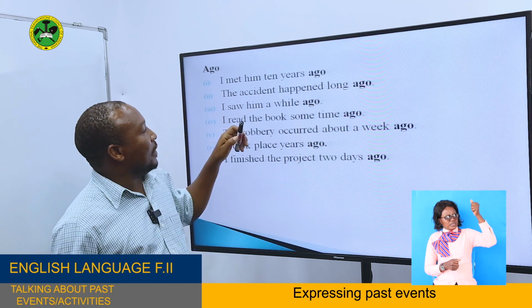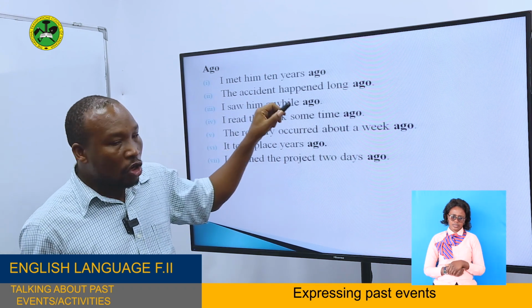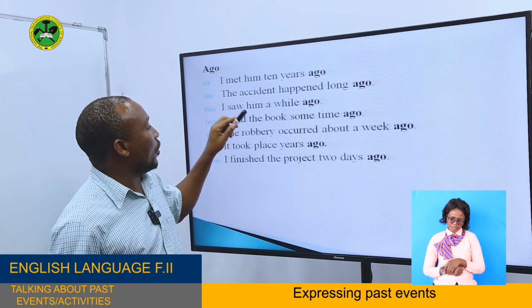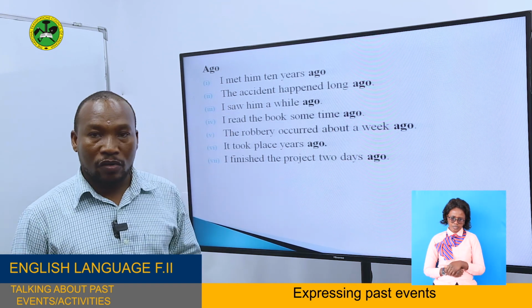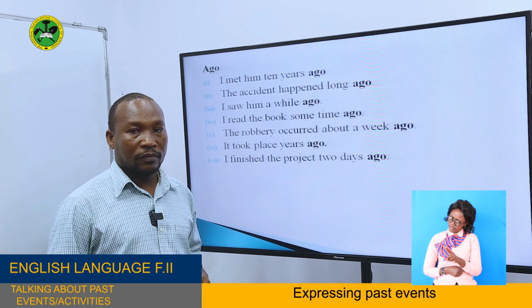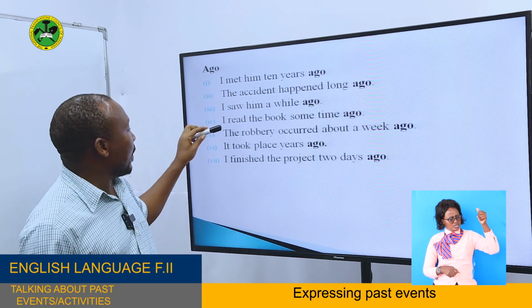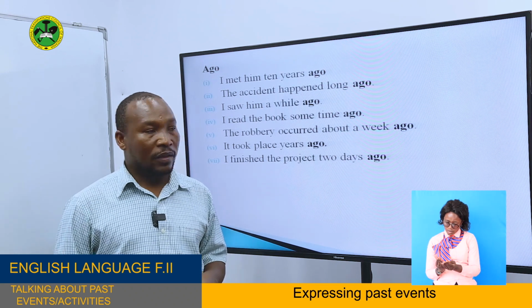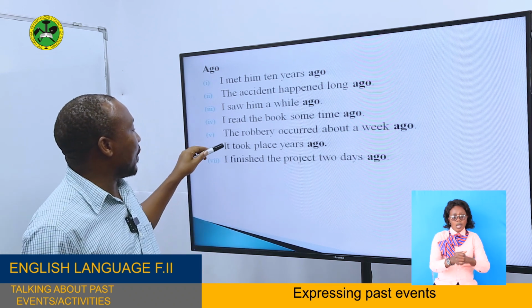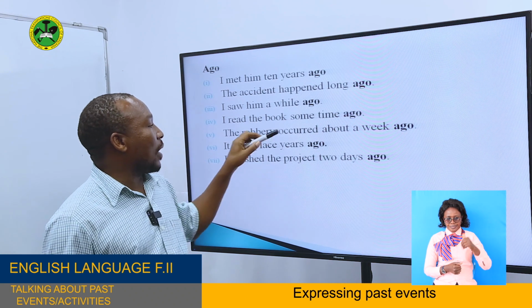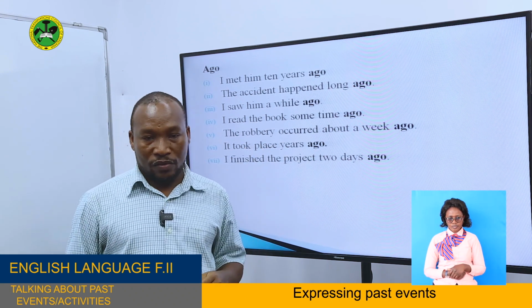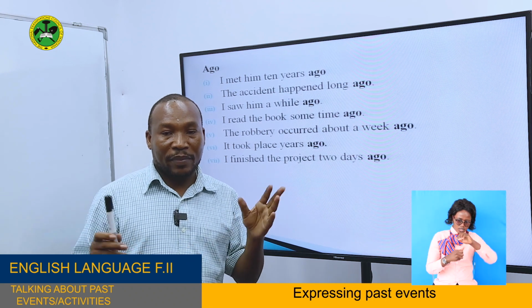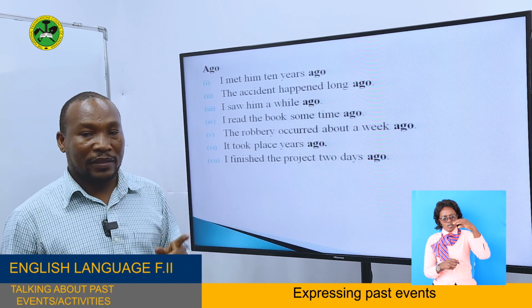The accident happened long ago. I saw him a while ago. I read the book some time ago. And then we have another example: the robbery occurred about a week ago. Now the word ago tells us about a past activity or past event.